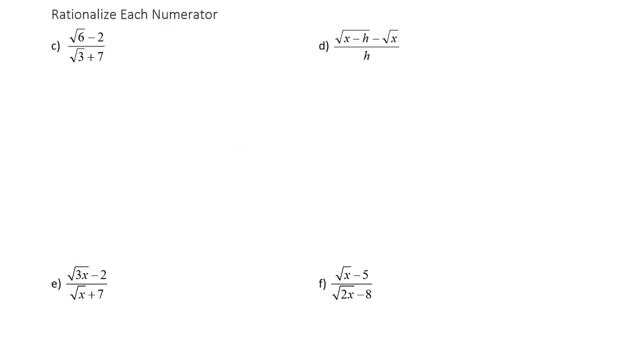Now let's rationalize each numerator. In this case, we need to look at the numerator to determine what our conjugate will be. I have a root 6 minus 2, so I'm going to multiply it by a root 6 plus 2. Whatever I multiply the numerator by is what I also need to multiply the denominator by.